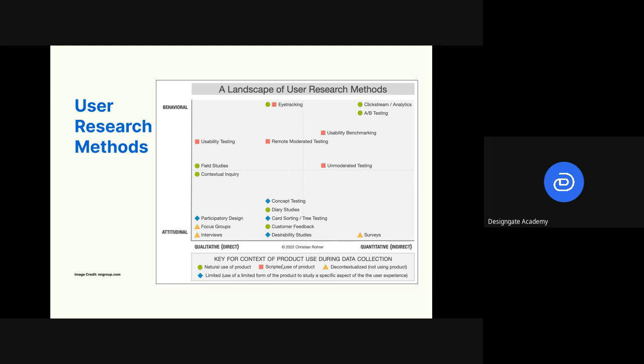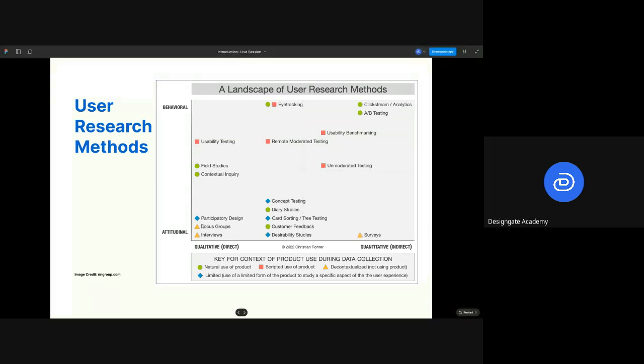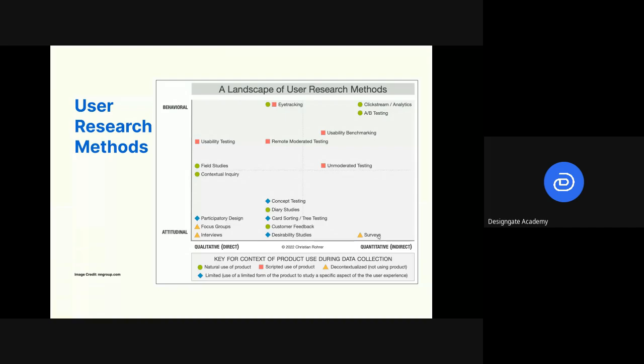Now, for people that are not using the product, or when the product is not even materialized yet, what can you do to find out people's problems? That is when you have focus groups, interviews, and surveys. If you are trying to empathize with people and understand their pain points about a particular process, you have to do interviews or focus groups.